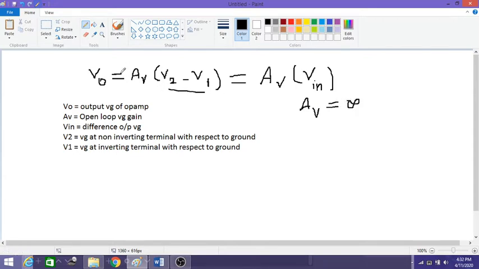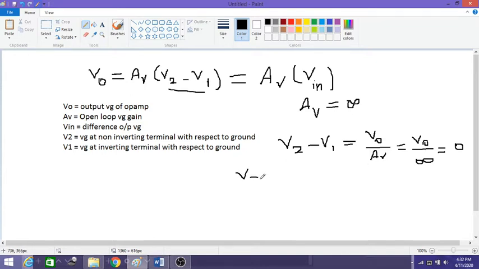If we rearrange this equation, V2 minus V1 is equal to V0 by AV, which is V0 by infinity, which is equal to 0. So V2 is equal to V1, or V2 is approximately equal to V1.